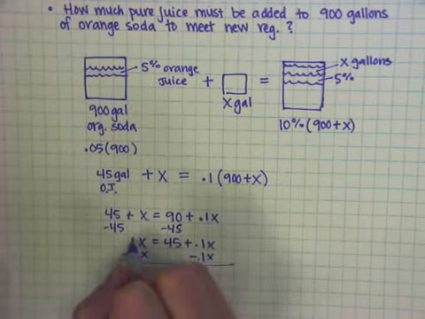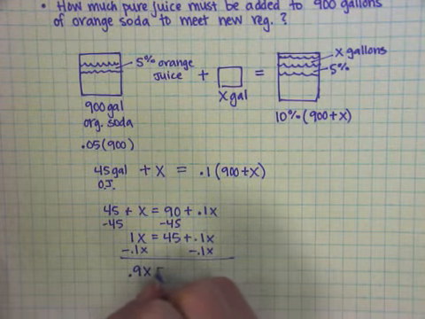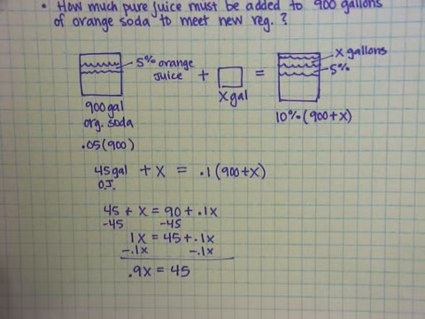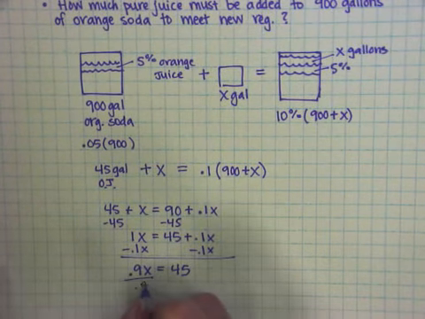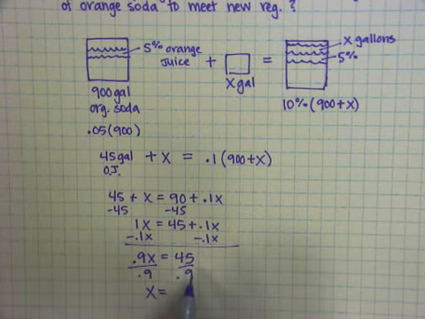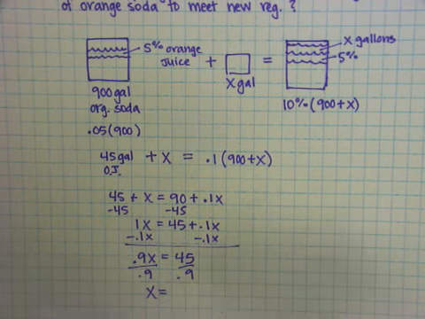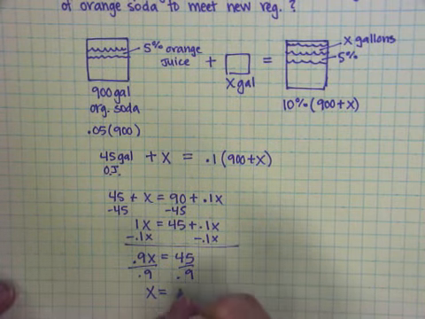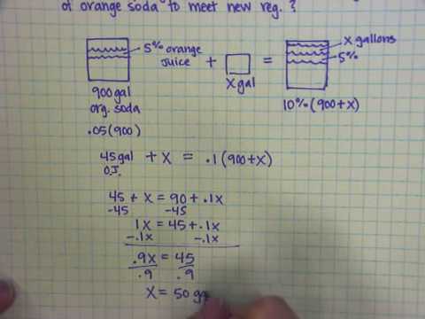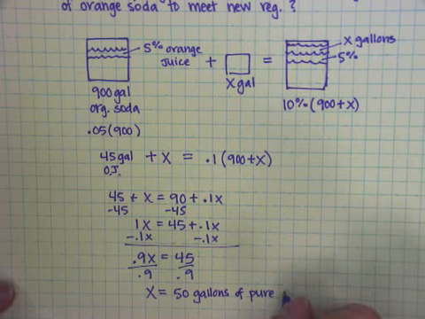When I do that, this is 1X, and 1 minus 0.1 is 0.9X. So that equals 45. Then I'm going to divide both sides by 0.9. Well, 45 divided by 9 is going to be 5, but there's that point there, so I think it's probably going to be 50. I'll double check that on my calculator. Yep, sure enough, 45 divided by 0.9 is 50. And this is gallons of pure orange juice.